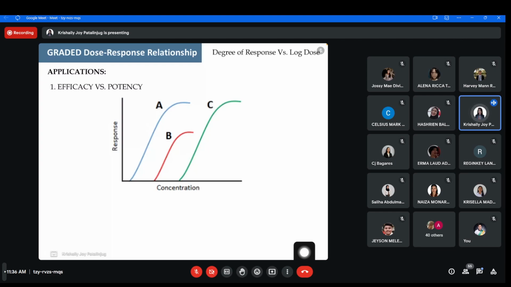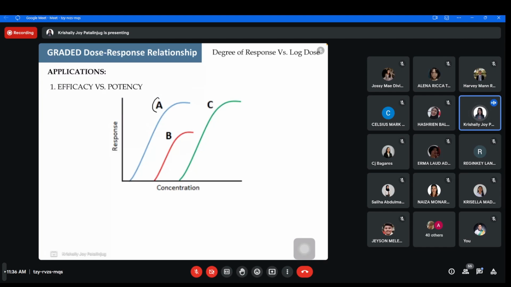Okay, so let's try this one first. Ayan. So how do we determine the efficacy and the potency of the drug given the graded dose response curve? Okay, so halimbawa, ito. You have three sets of drugs.